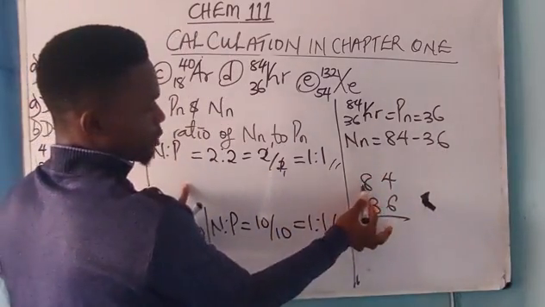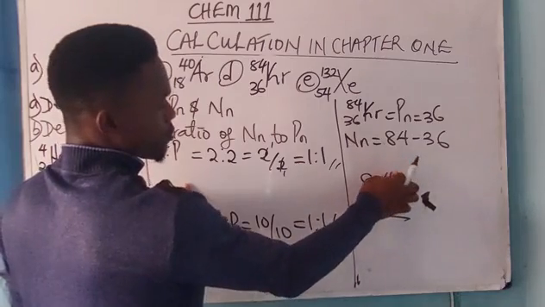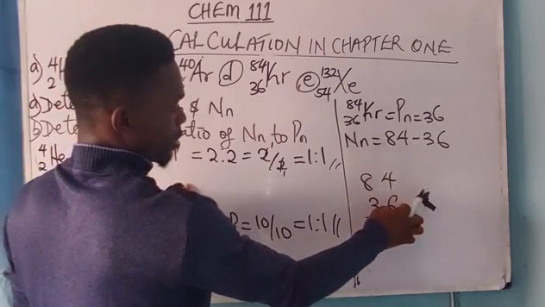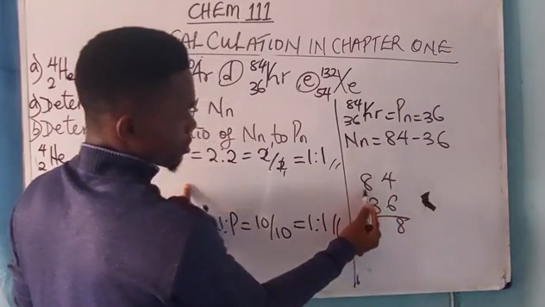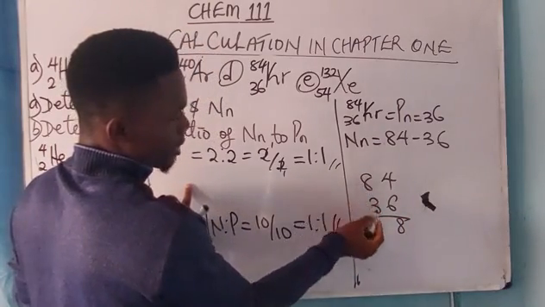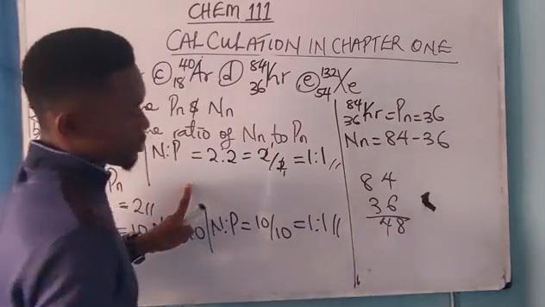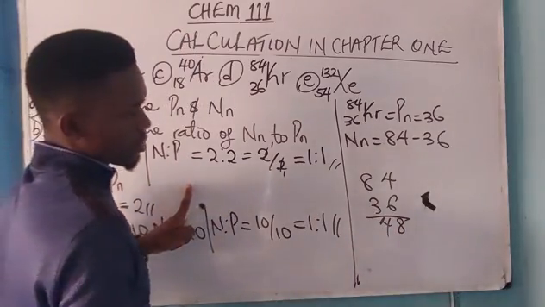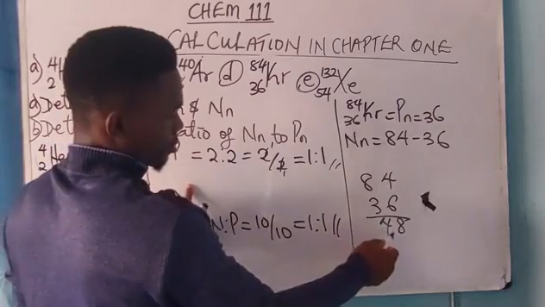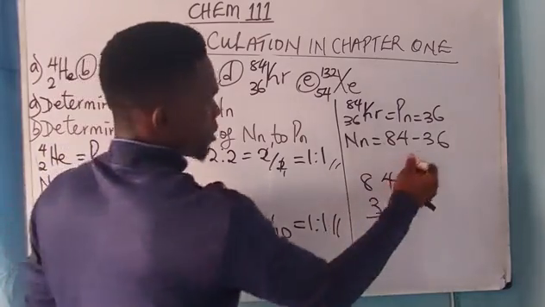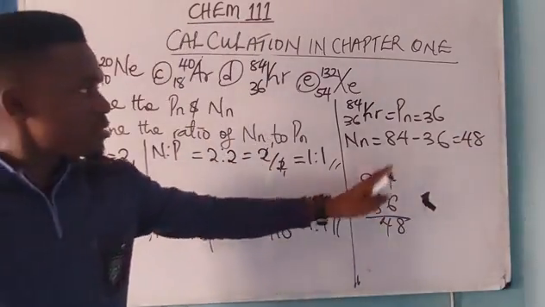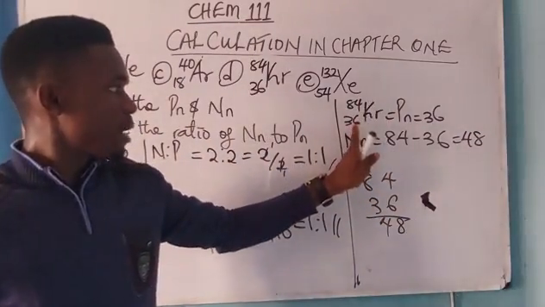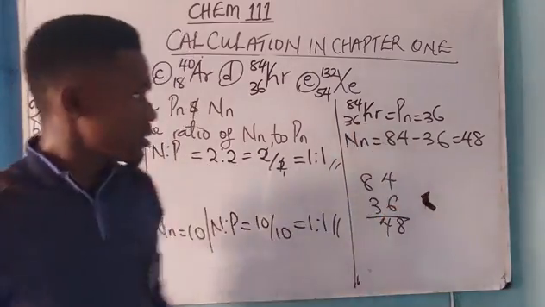Take one from this, put it there, becomes 14. So 14 minus 6 is 8. I'm left with 7. So 7 minus 3 is 4. Is that not correct? Yeah, it's correct. So I now have 48, which means that 84 minus 36 is 48.